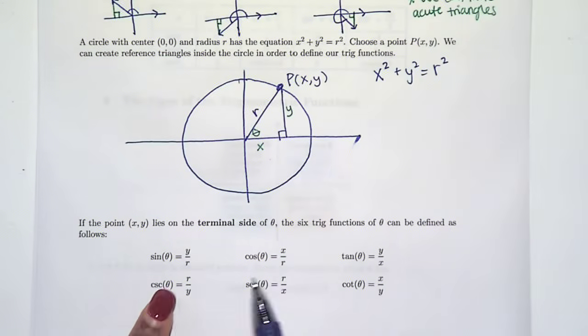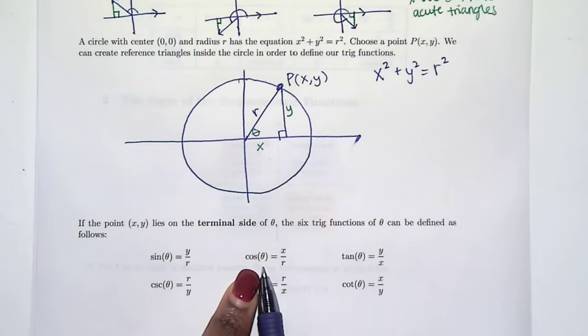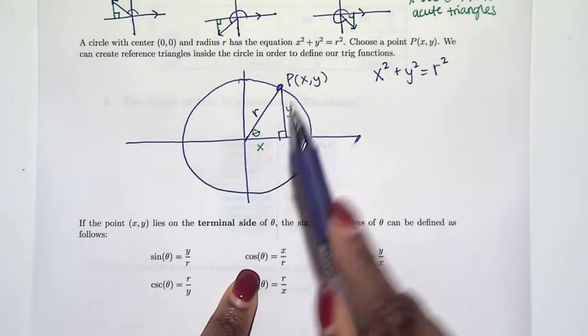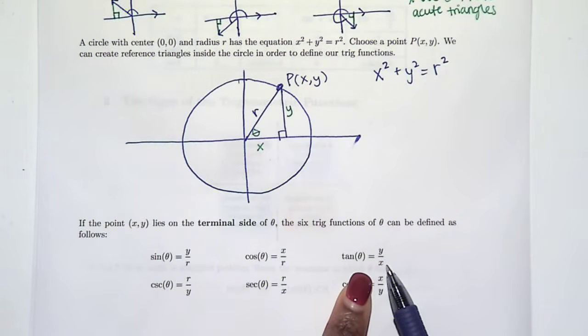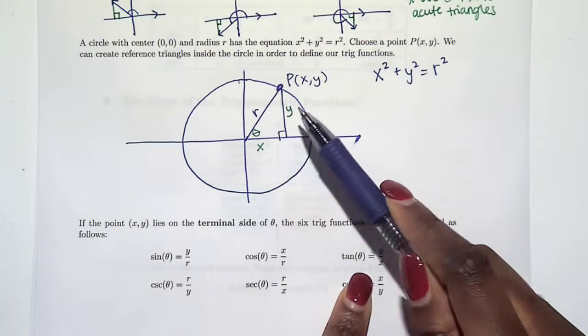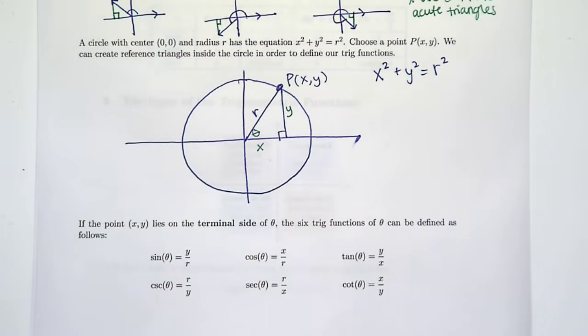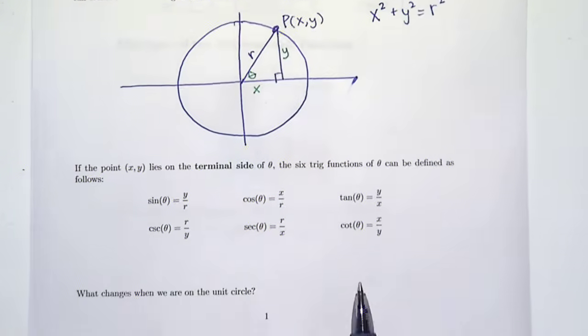Cosine is x over r, so the adjacent side over the hypotenuse. Tangent is the opposite side over the adjacent side. So this is the same thing we've been doing all along, but now we're just working with points.